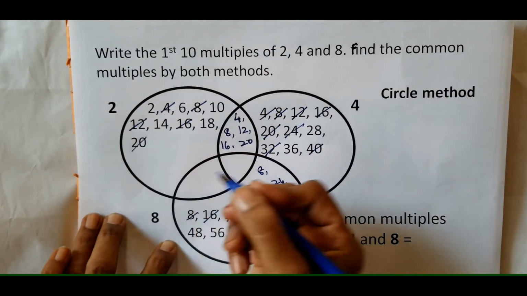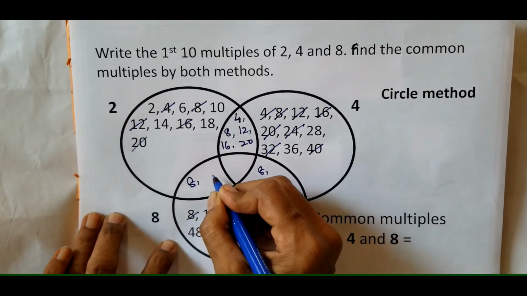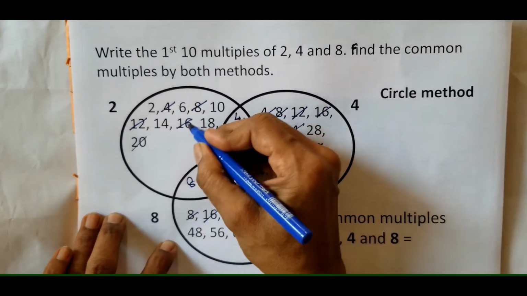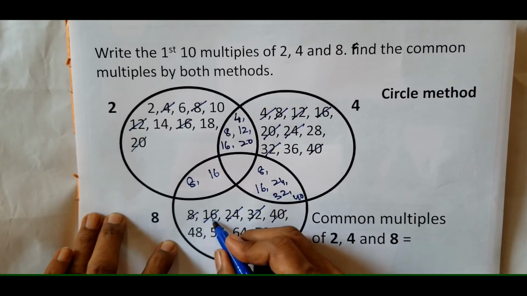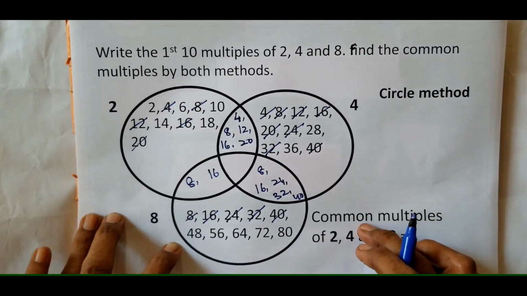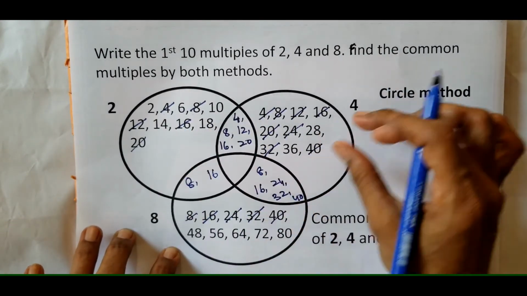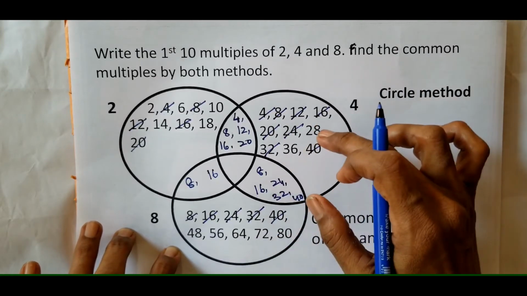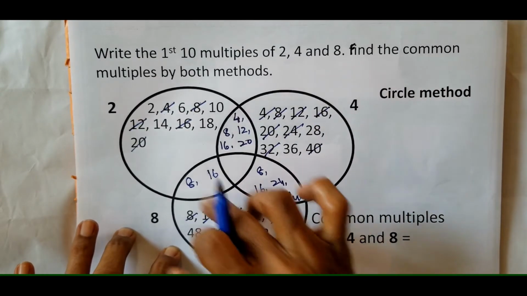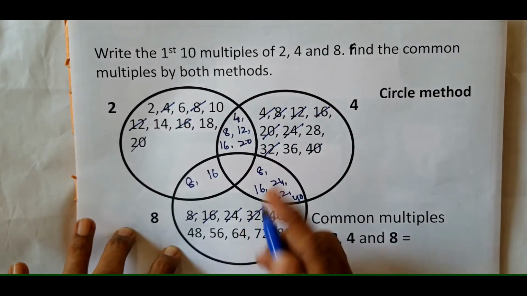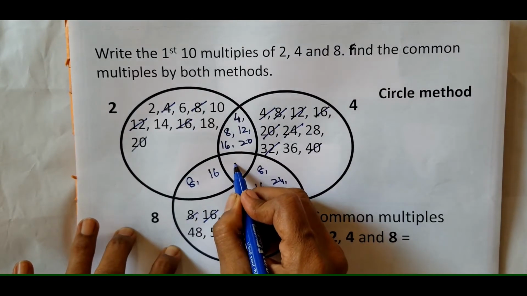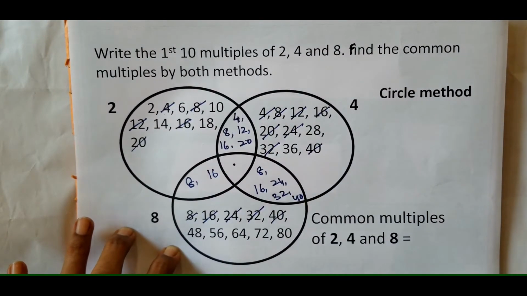Okay. Now 2 and 8. They are 8 and 16. Both are crossed. So now we have found the common multiples of these three numbers separately. That is from common multiples of 4 and 8, 8 and 2 and 2 and 4. Now we have to find the common multiple of all the three and write it in the middle.